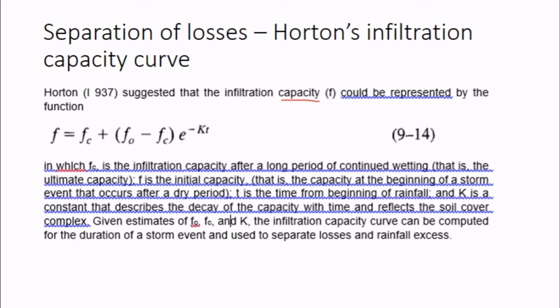T is the time from the beginning of rainfall, and K is a constant that describes the decay of the capacity with time and reflects the soil cover complex. Given estimates of F sub O, F sub C, and K, the infiltration capacity curve can be computed for the duration of a storm event and used to separate losses and rainfall excess.